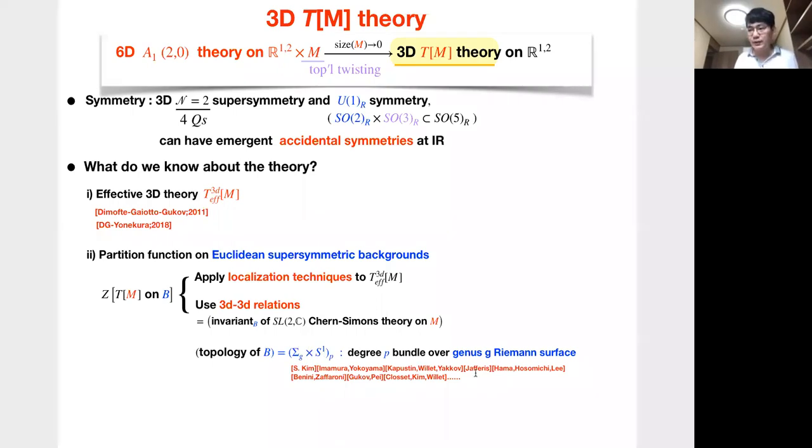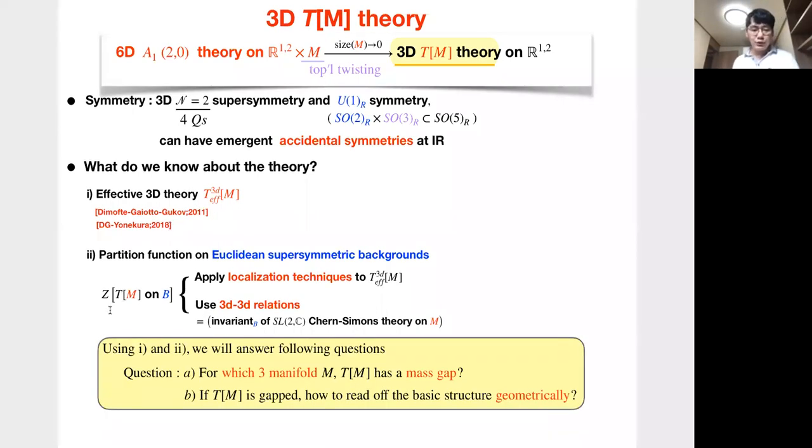Using this result, we can apply the localization technique to this effective theory and compute the partition function, or we can compute it using the 3D-3D relation, which I will explain later. Both results always match. So these are the two ways to compute this, and this is what we know about this 3D-3D story.